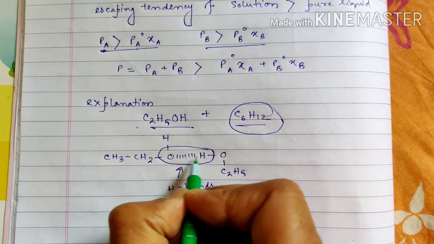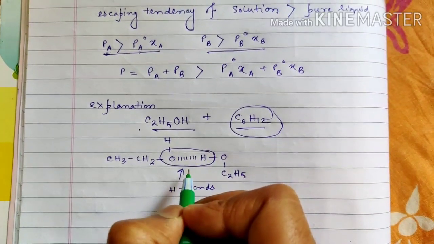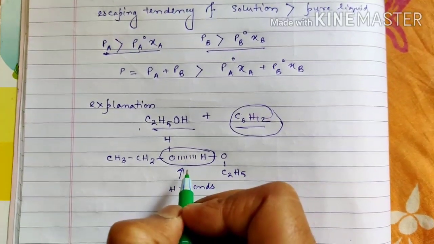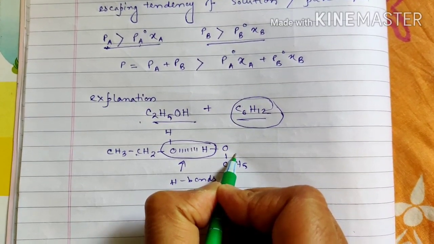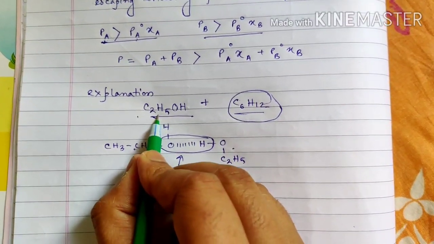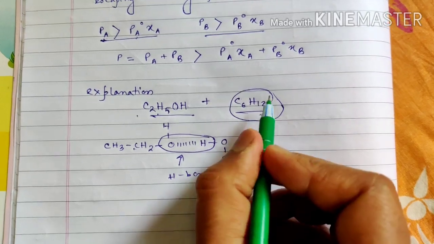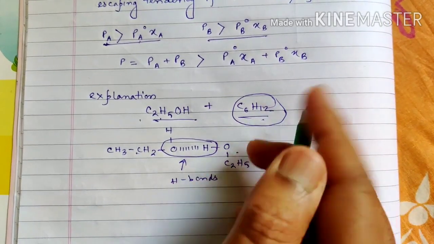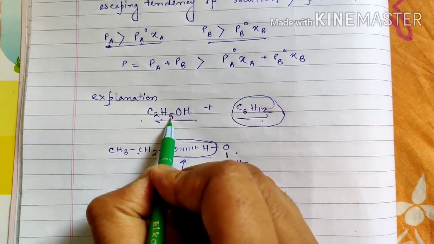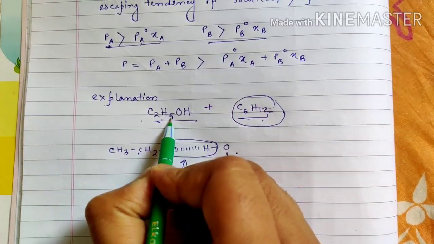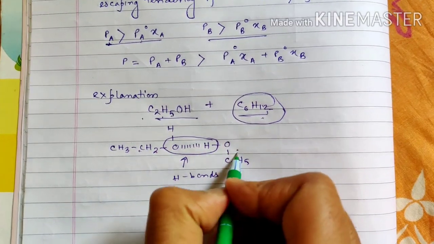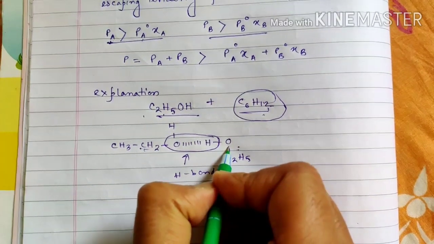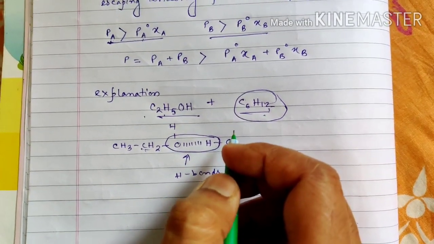These bonds are going to be broken, and the attractive forces within the alcohols are weakened. When ethanol combines with cyclohexane, the cyclohexane molecules will occupy the spaces between the ethanols. As a result, the attractive forces between the ethanol molecules will be weakened.